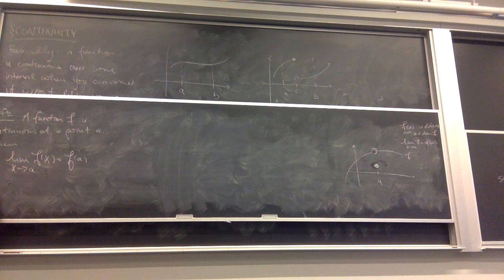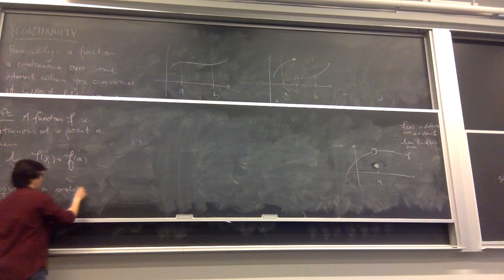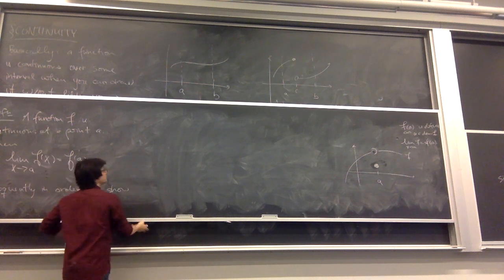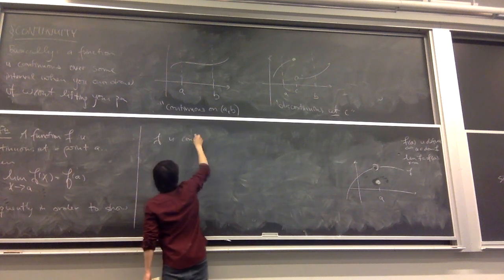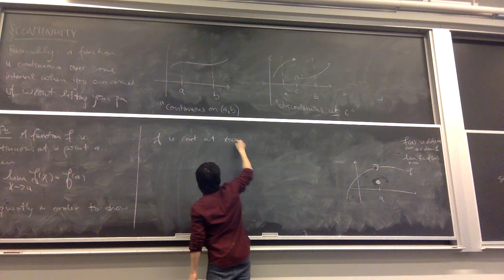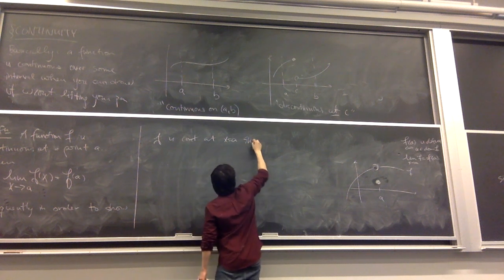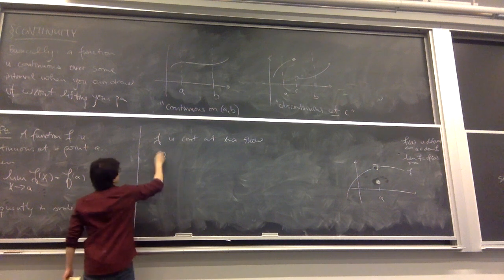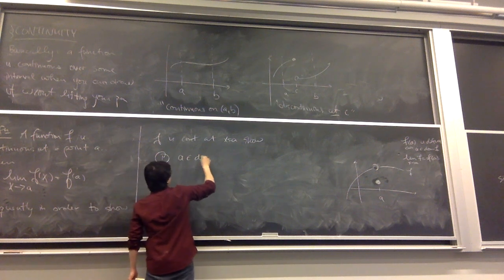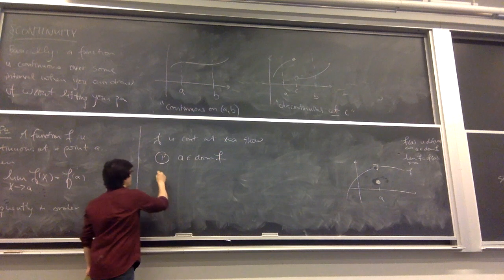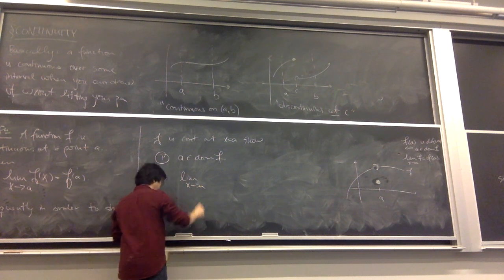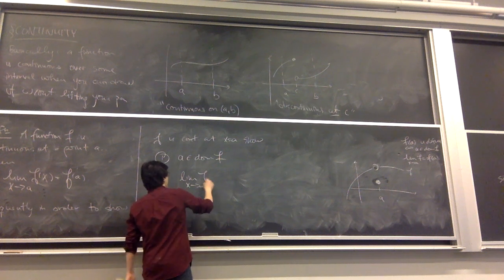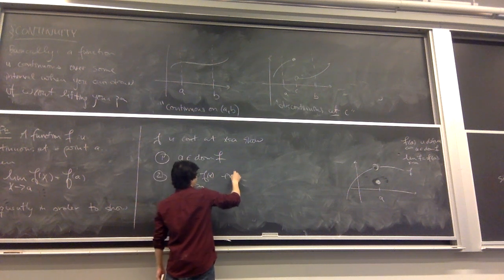Consequently, in order to show f is continuous at x equals A, you have to show three things. One, that A is in the domain of f. Two, that the limit as x goes to A of f of x exists.